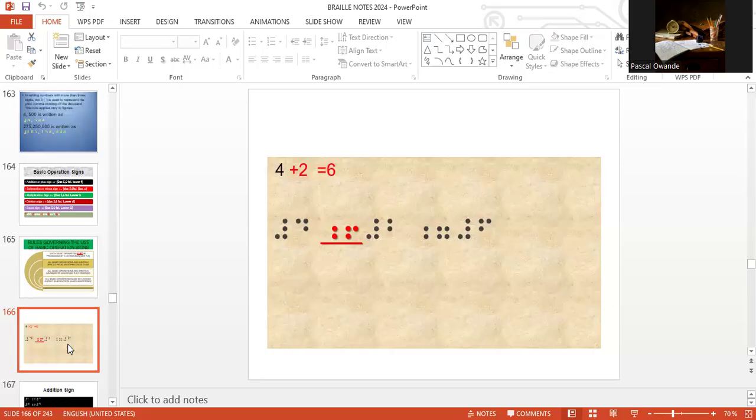So 4, space, dots 56 lower f. Rule number 1 was that each basic operation sign must be preceded by dots 56. So now dots 56 lower f for addition. Then for us to write the 2, because it is 4 plus 2, we put a numeral sign, then 2.